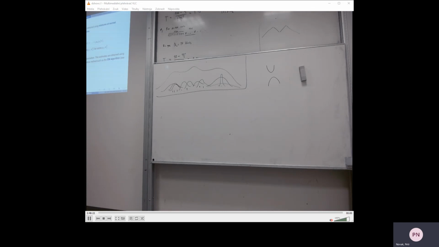Now, this mixture, if we take the probabilities as unknown, has quite a plenty of parameters to estimate. For every part of the mixture, we have mu and sigma square as parameters, and then we have the probability with which it occurs, which we need to estimate from the data.